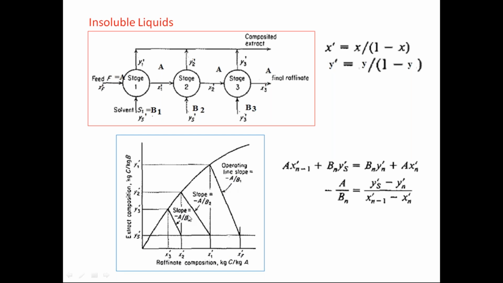If you maintain equal solvent in each stage, then you can find out the solvent requirement, because B1 by A will give you the solvent requirement for the first stage per 1 kg of the feed solvent, B2 by A the solvent requirement in the second stage per 1 kg of the feed solvent, and B3 by A the requirement in the third stage per 1 kg of the solvent which is there in the feed.